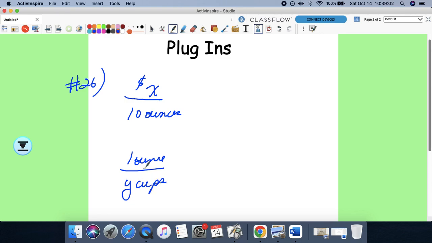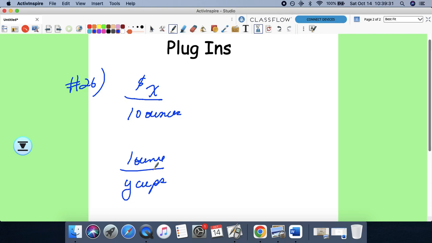In terms of X and Y, what is the dollar cost of the tea leaves required to make 1 cup of tea? What is the cost of the tea for Y cups? Okay.